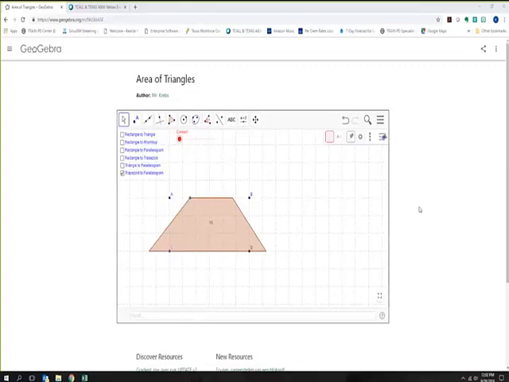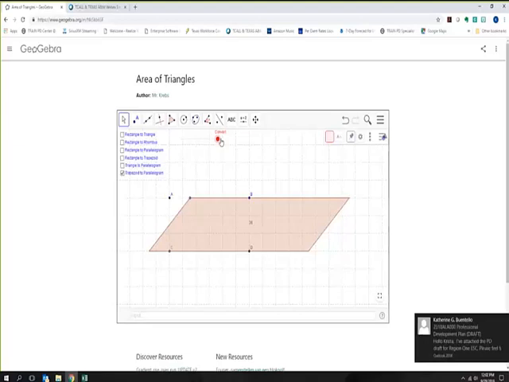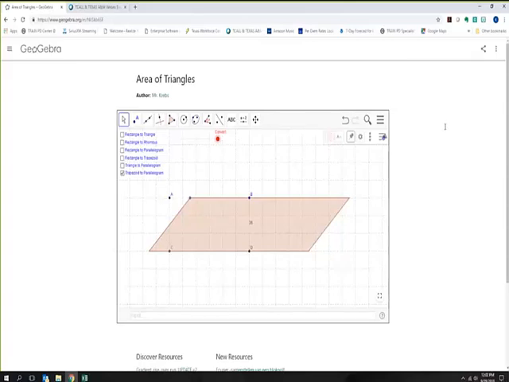So here's our prism, and then here's our net. And they have everything color-coded. So you've got 2 purples, 2 pinks, and 2 greens. And you can see that they color-coded the formula even, that you've got 2 of these rectangles, 2 of these, and 2 of these. And you can make the prism bigger, wider, skinnier, and everything you do changes the measurements down there and changes the net.